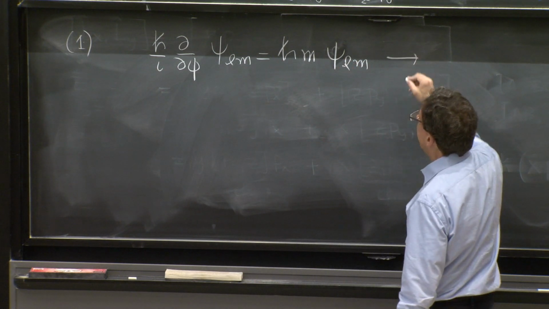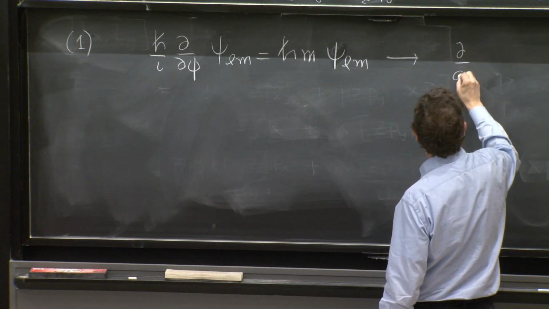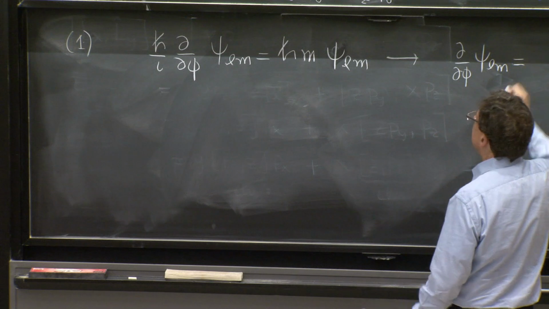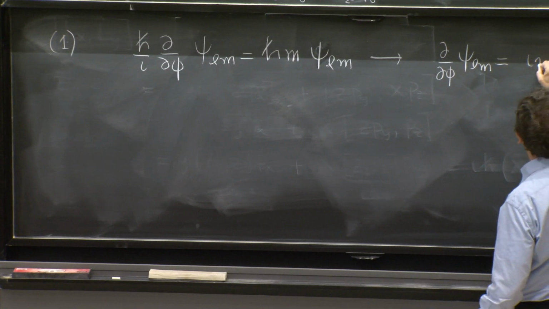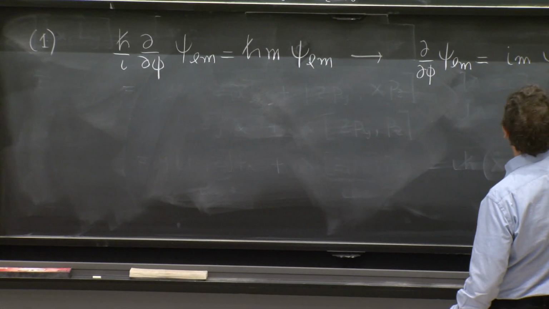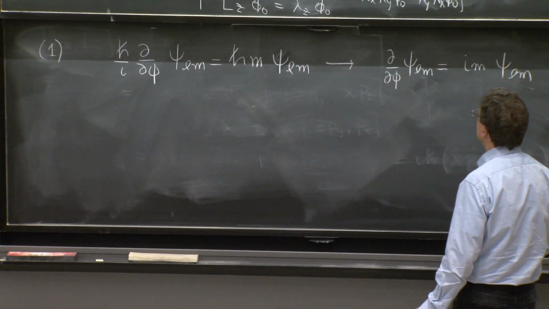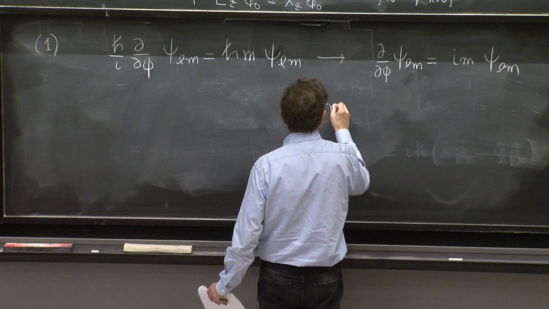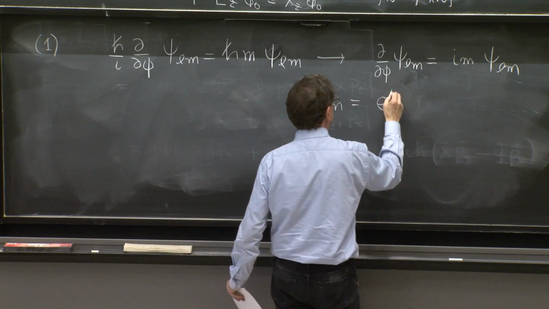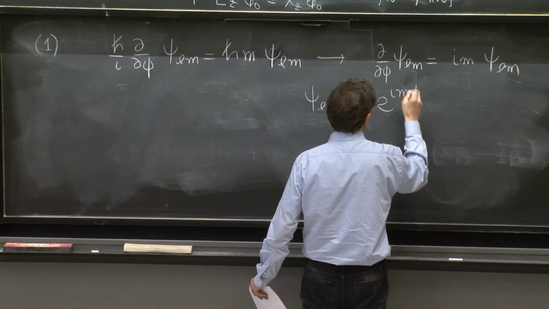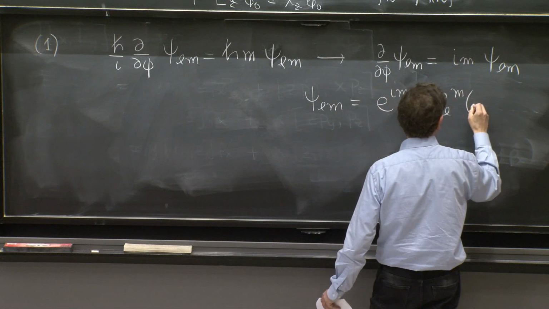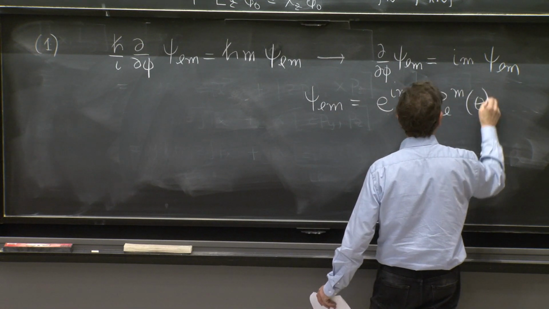So canceling the h bars, you'll get d/d phi of psi Lm is equal to im psi Lm. So psi Lm is equal to e to the im phi times some function of theta.